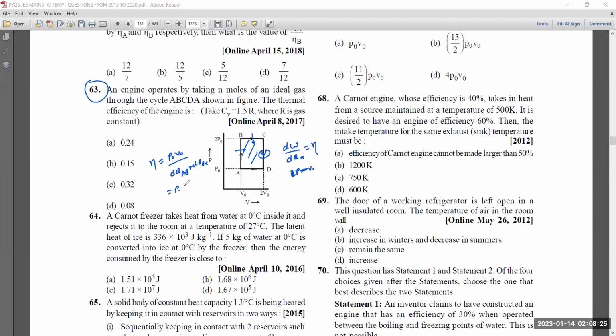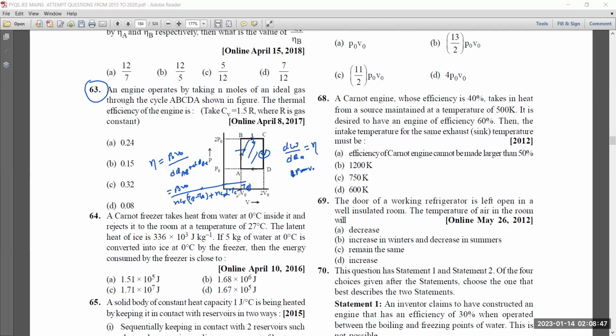And it is very easy. AB is which process? Isochoric. So nCV (TB minus TA) plus nCP (TC minus TB).